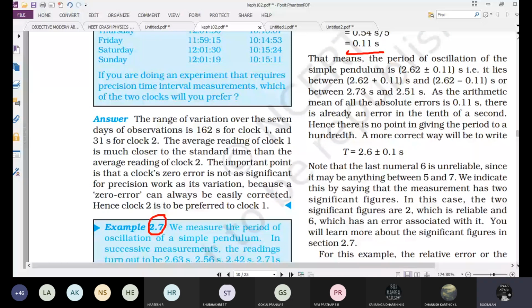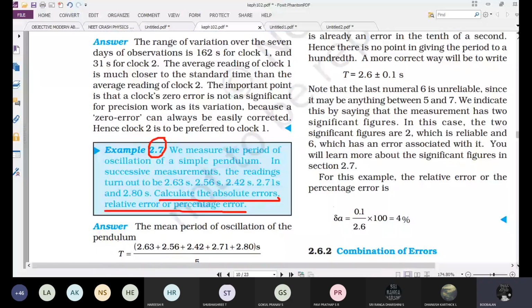Relative error into 100 is 4 percent. Percentage error value 4%. Clear? Okay, like that we can try one more problem. So this is homework for you. I will give the values, please note them.